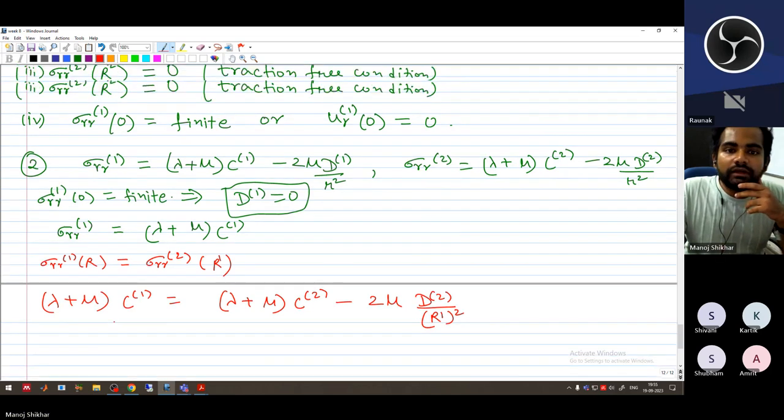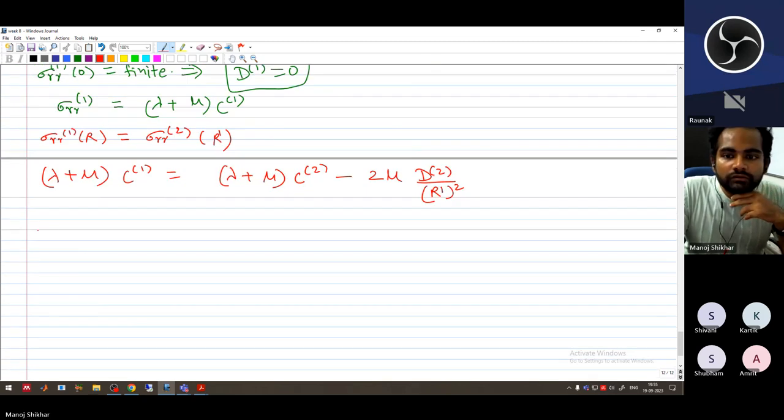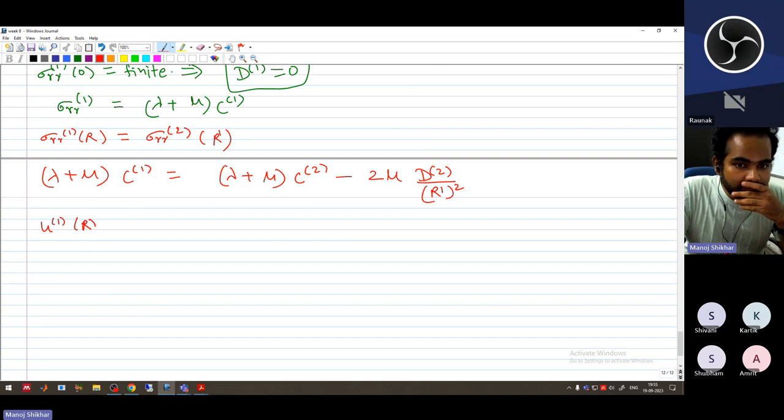Okay. And from equation number 2, we have U1 at R minus U2 at R1 equal to R1 minus R.